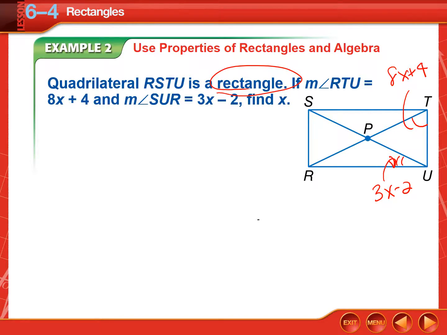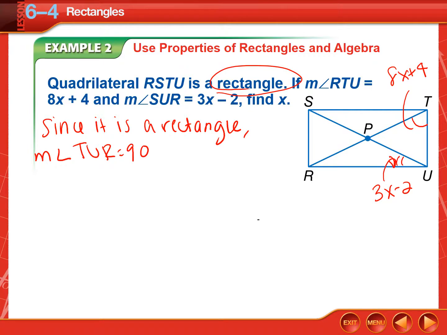That's the standard definition. So what I'm going to do is I'm going to just say, well, since it is a rectangle, we know that the measure of TUR equals 90 degrees. And so what we're going to try to do, if you notice that together, they don't look like they're set equal to each other, okay?